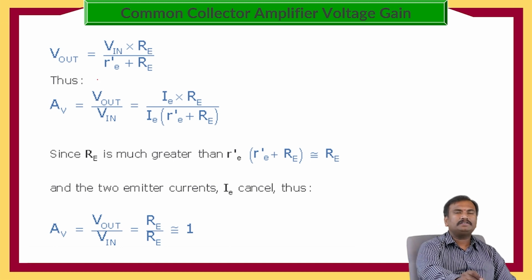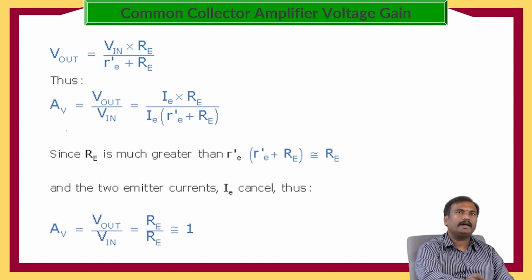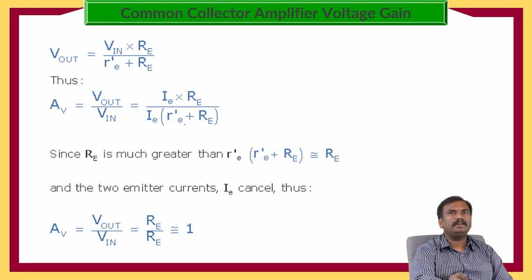Here V output is equal to V input into RE, that is the emitter resistance, by RE dash plus RE, that is the junction resistance plus the resistance of the emitter. And the gain is V output by V input, which is IE into RE by IE into RE dash plus RE.